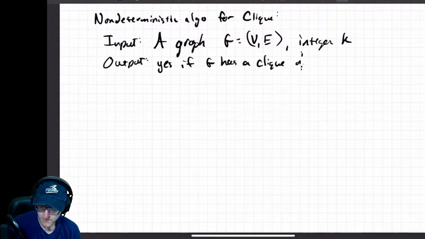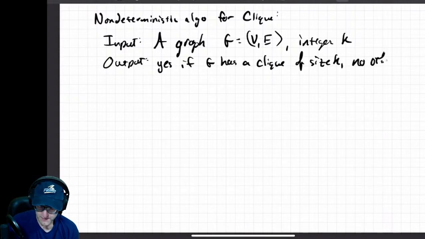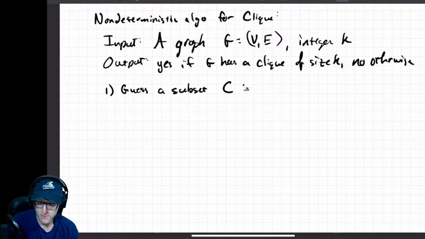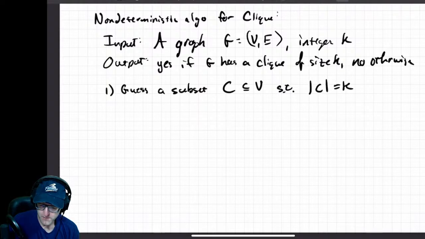All right? To show that this is in NP, again, you have a guessing phase. 1. Guess a subset C of V such that the size of C is equal to k. 2. Verify. So all we need to do is look at all pairs.